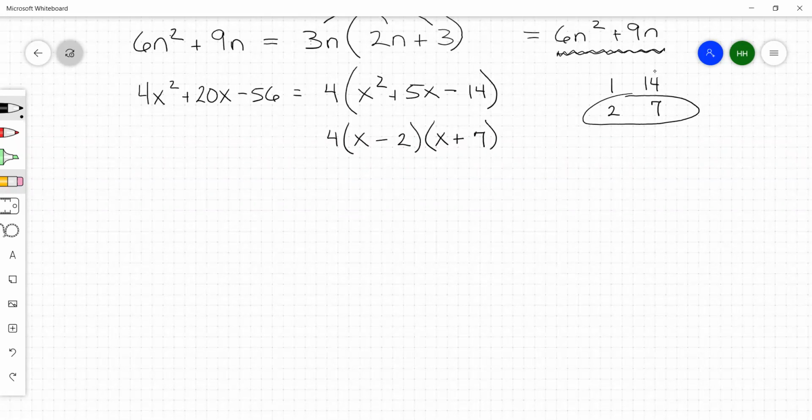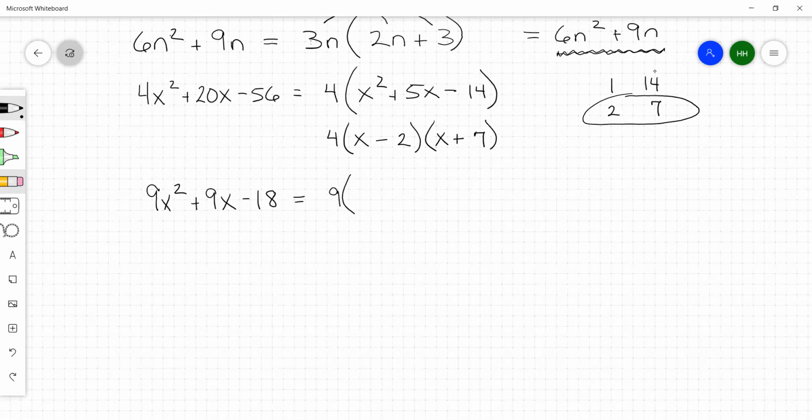Let's try 9x squared plus 9x minus 18. Everything in this trinomial is divisible by 9, so we factor a 9 out first.